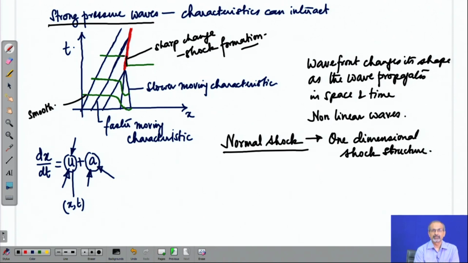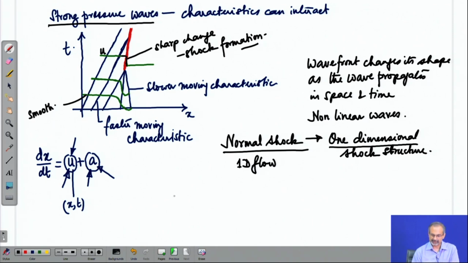What changes about it? It is essentially the variation of the flow property. So, if it was a velocity distribution u, then there is a sharp change in u about the shock. That means, only one component of velocity has changed here, it is the u component. Thereby, we are talking about a one dimensional flow associated with normal shock. So, the flow across a normal shock is basically one dimensional.